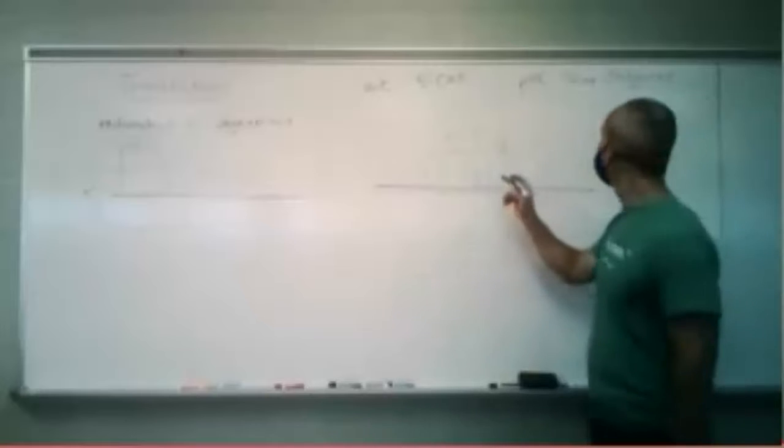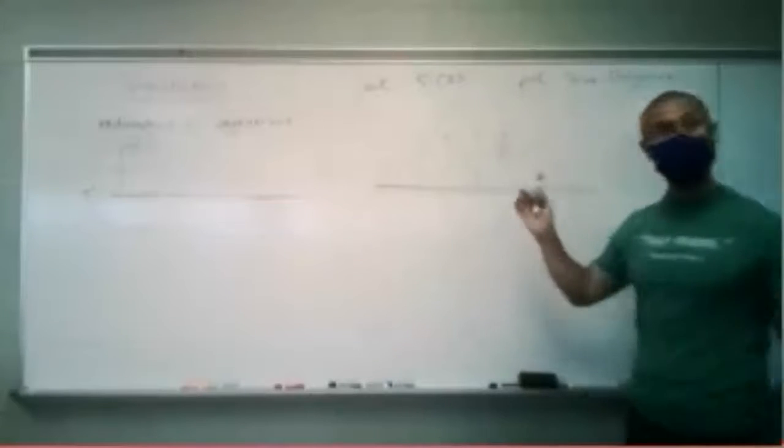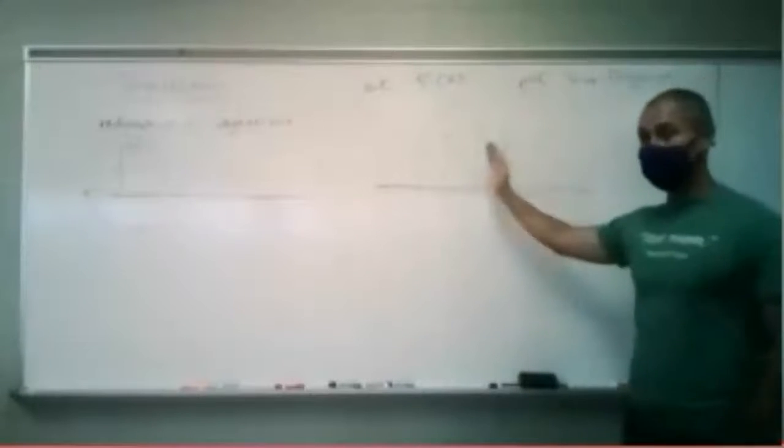Does that make sense? Got it? Now take a look. Turn on your imagination. The ribosome, the brown part, shifts to the right. I'm not going to redraw the ribosome.